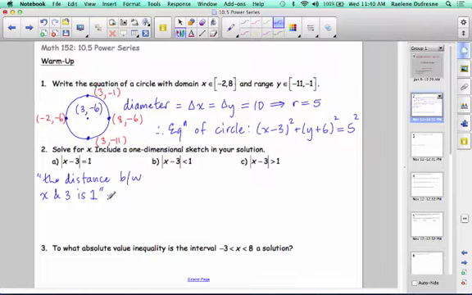In other words, x is 1 unit away from 3. And we can kind of see 3 as a center, much like we saw 3 as a center for the equation of the circle.